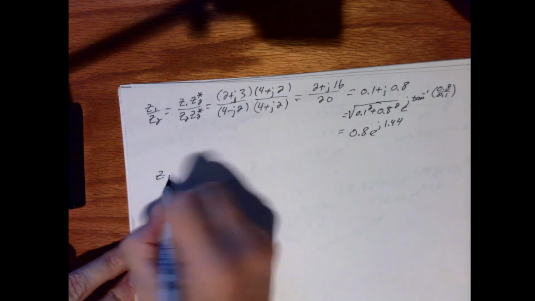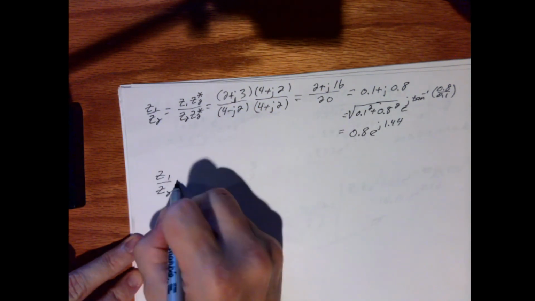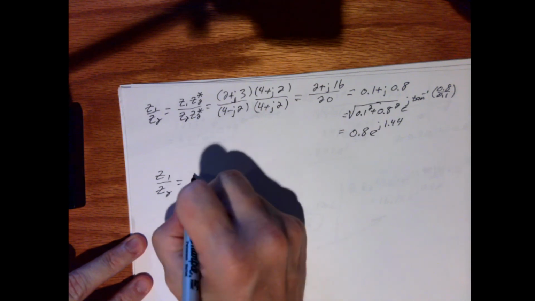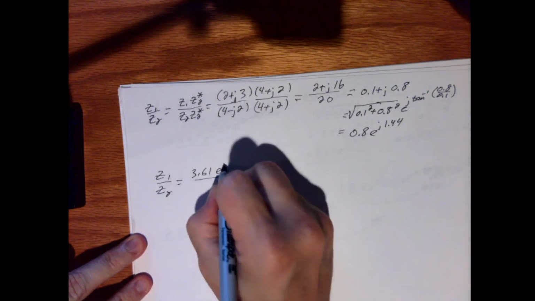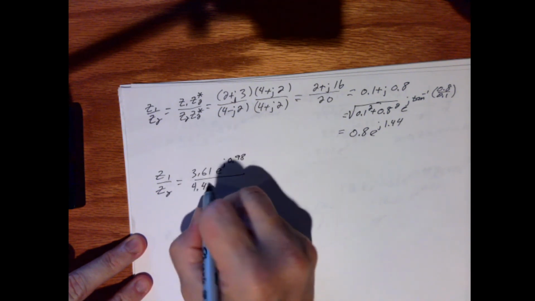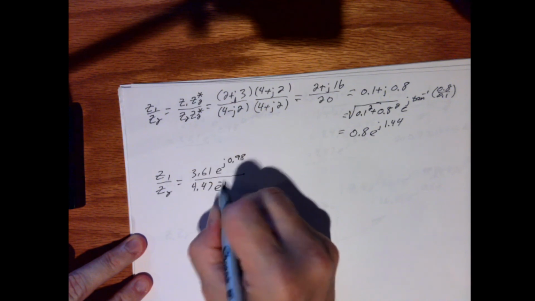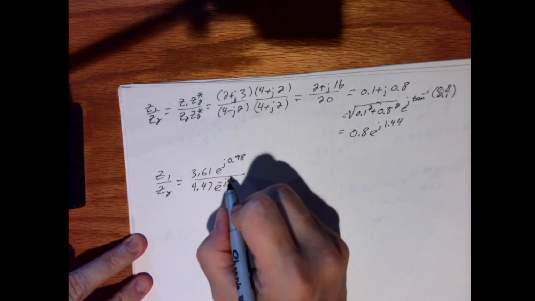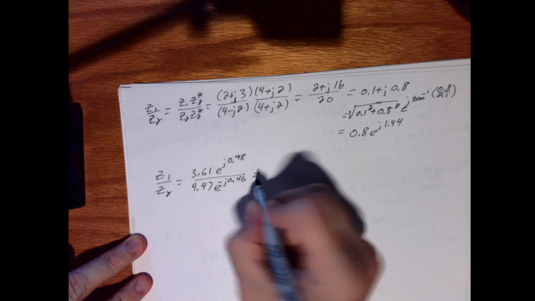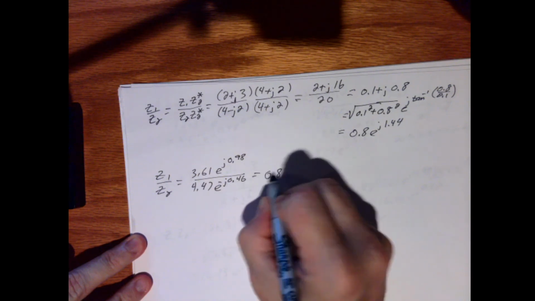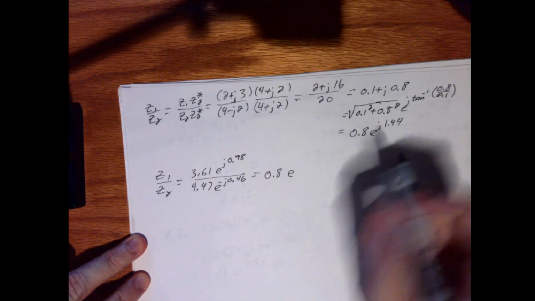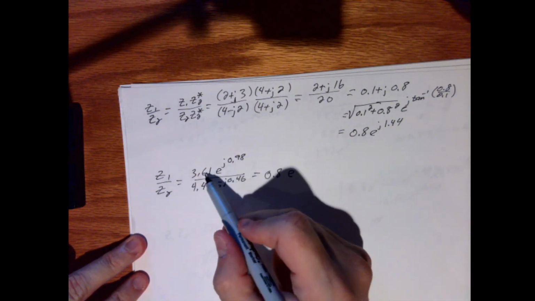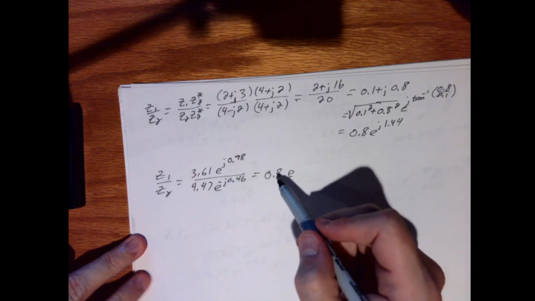If I'd done it in polar coordinates to begin with, I have 3.61 divided by 4.47, which is about 0.8.